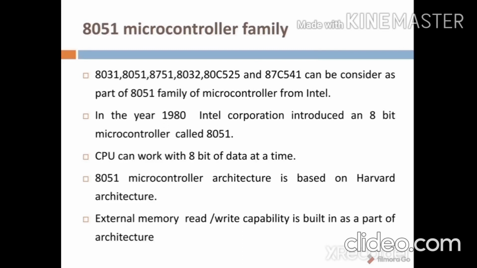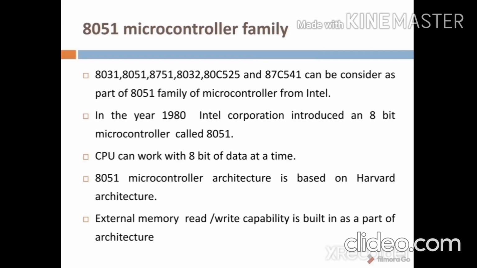So the 8051 microcontroller family from Intel contains 8031, 8051, 8751, 8032, 80C525, etc. as microcontrollers. In 1980, Intel Corporation introduced the 8-bit microcontroller, that is the 8051 microcontroller.